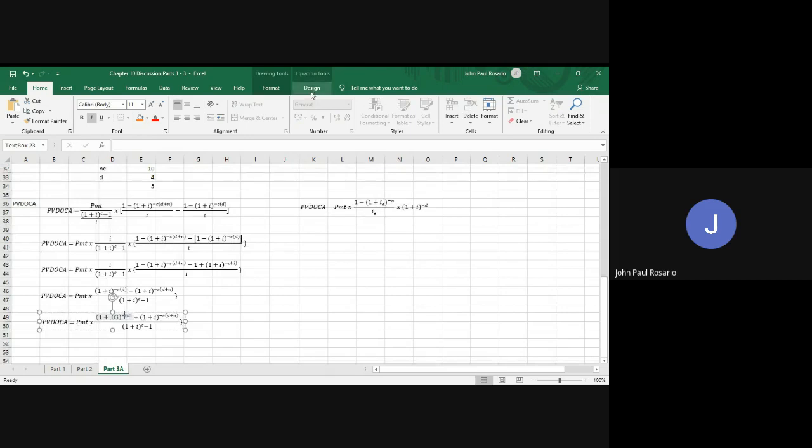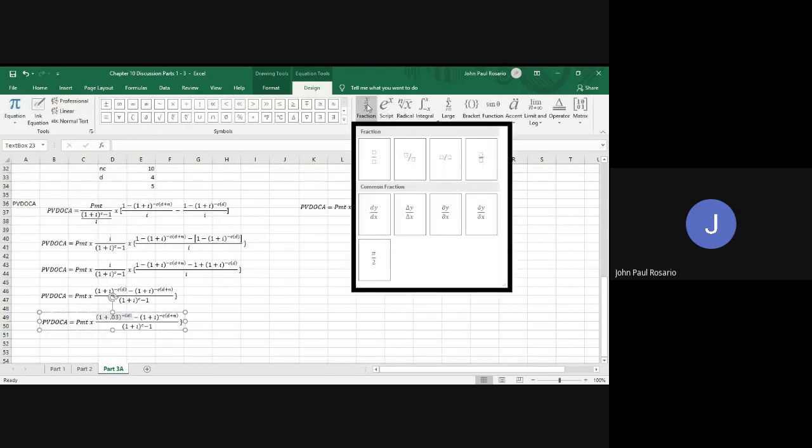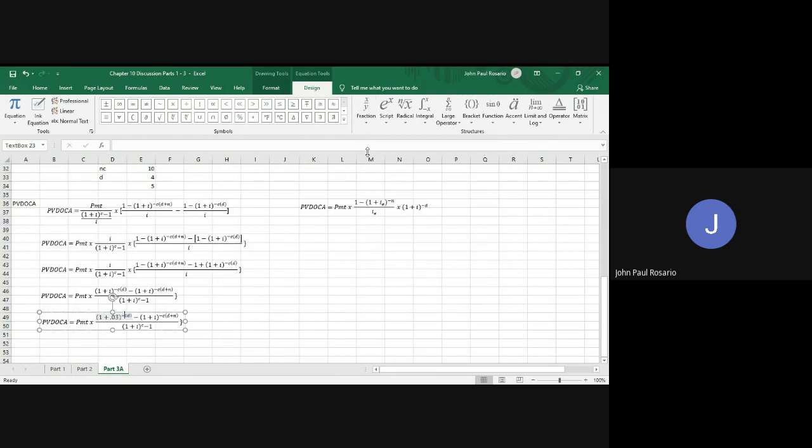So I'm gonna add some fraction here on this top. So that's -1/2, and our D is 4. Minus 1 plus our I again is 0.03. And then raise it to negative C again.